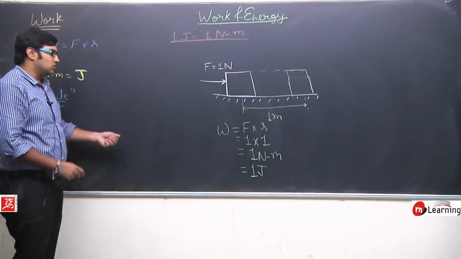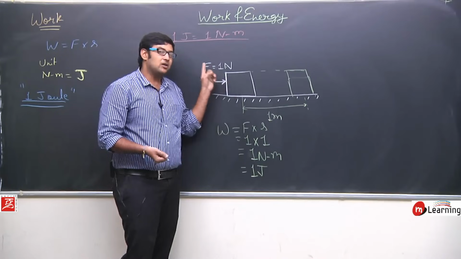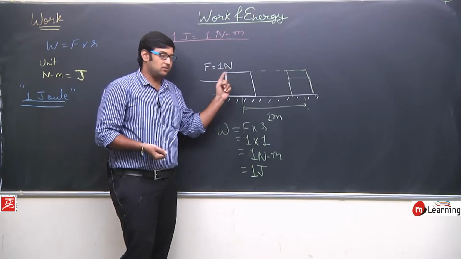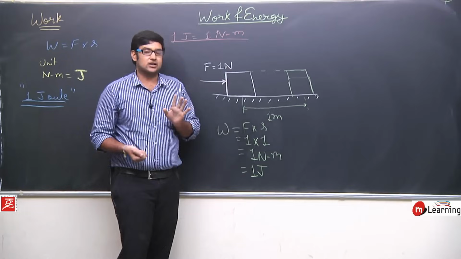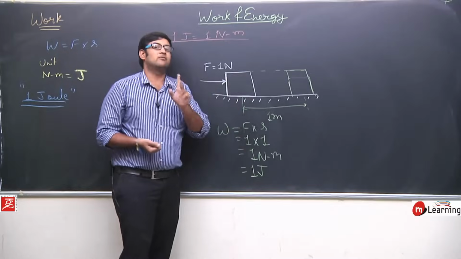So what is 1 Joule? 1 Joule is the work done by a 1 Newton force to displace a block by 1 meter. That is, to change the position or to move this block by 1 meter.